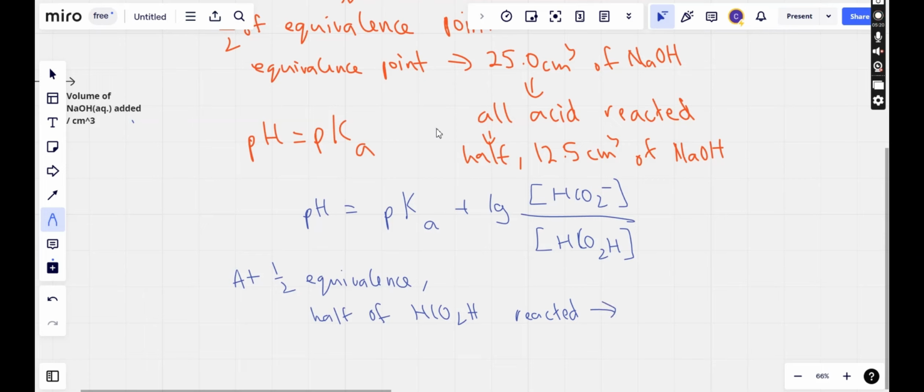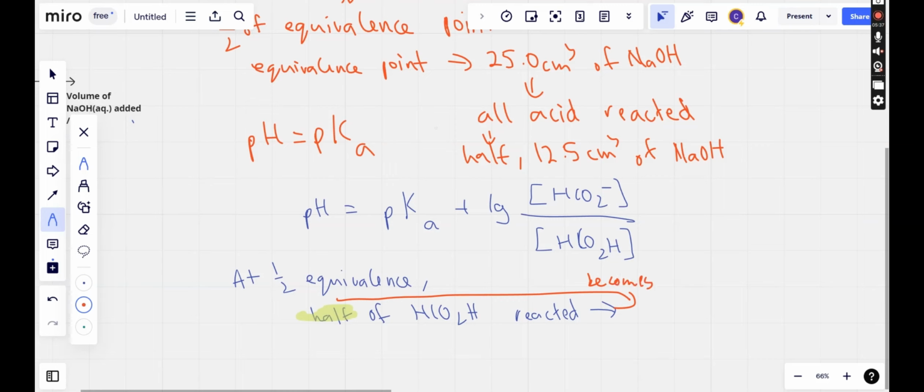So it means that this half becomes the base, HCO2 minus. So the concentration of HCO2 minus formed is equal to the concentration of the acid left.